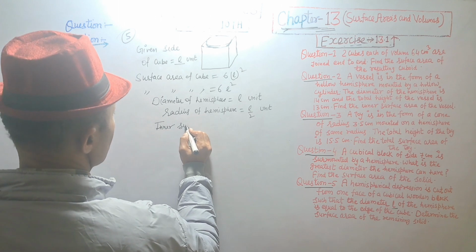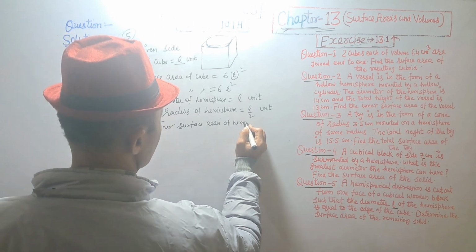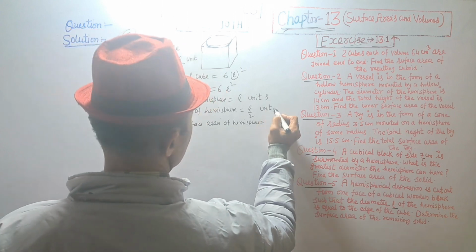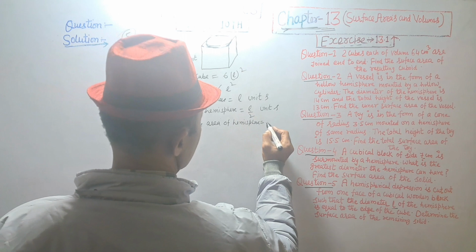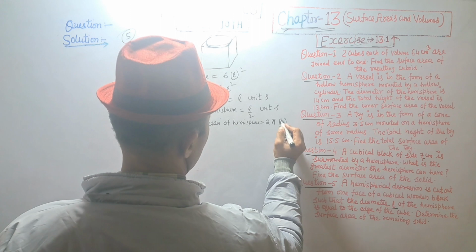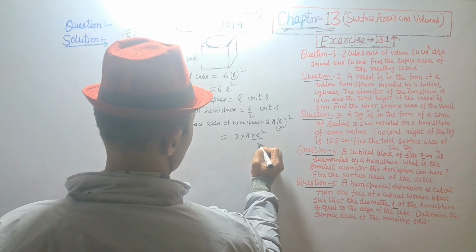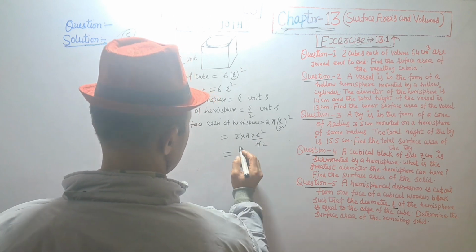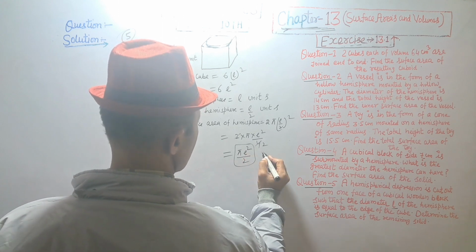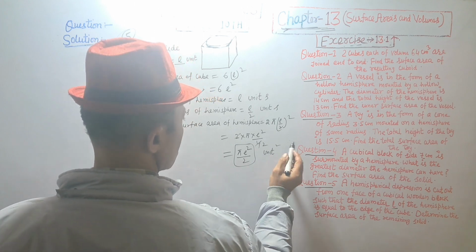Inner surface area of hemisphere is equal to 2 pi r square. R is L upon 2 square, that is equal to 2 into pi into L square upon 4, that is equal to pi L square upon 2 unit square.